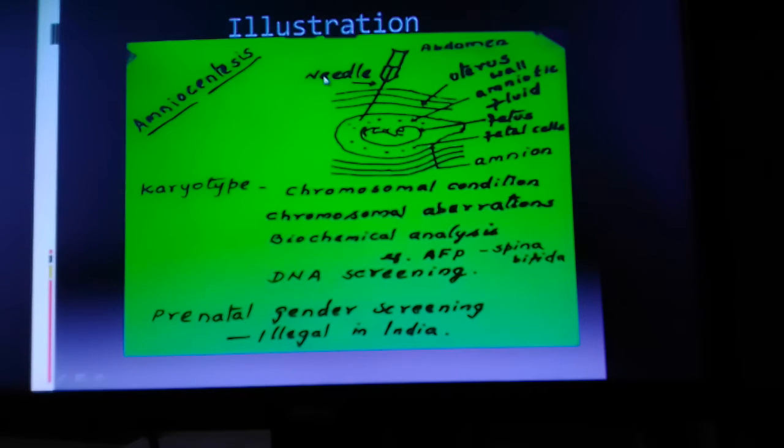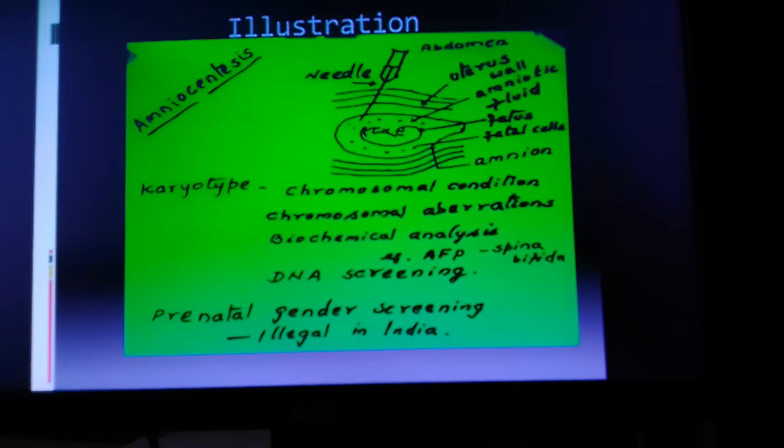And then this amniotic fluid is centrifuged, and you will have some fetal cells separate from the amniotic fluid. By cell multiplication you can multiply the fetal cells, and they may be subjected to chromosomal analysis.